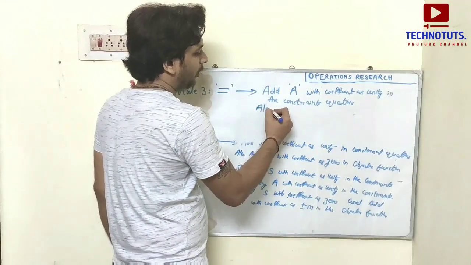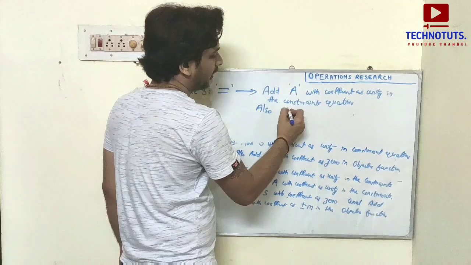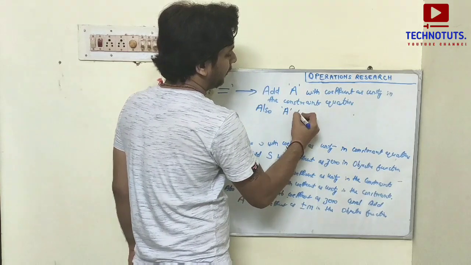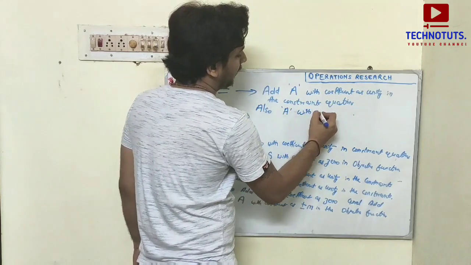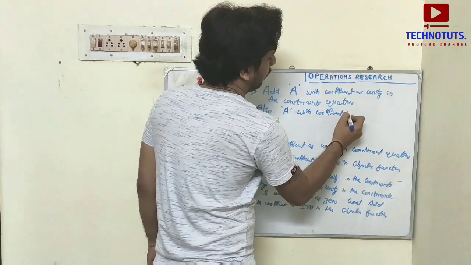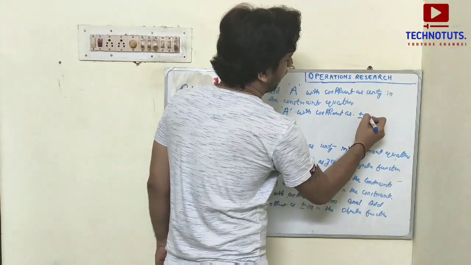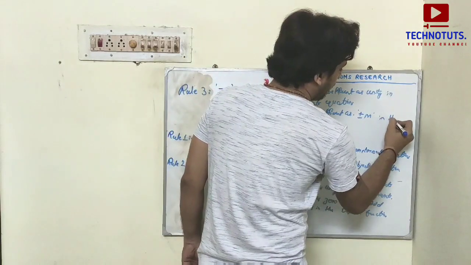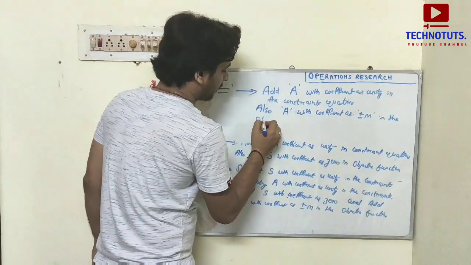We will also add this artificial variable a with its coefficient as plus minus M in the objective function.